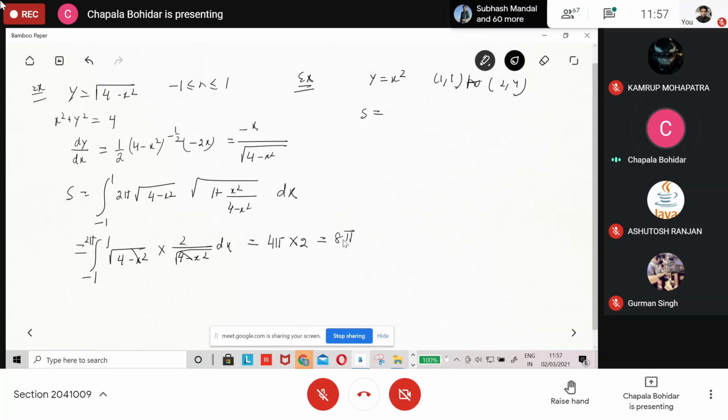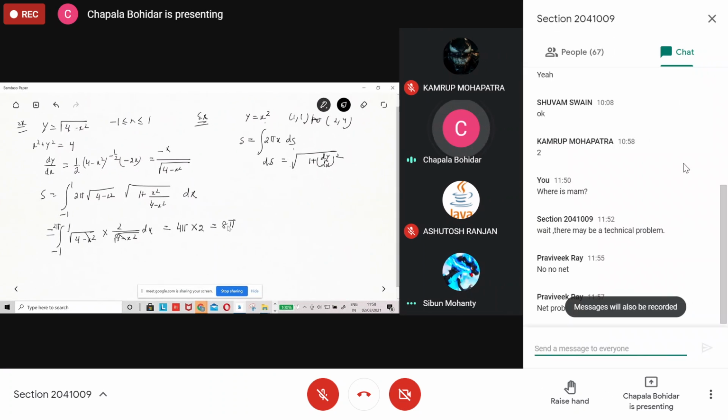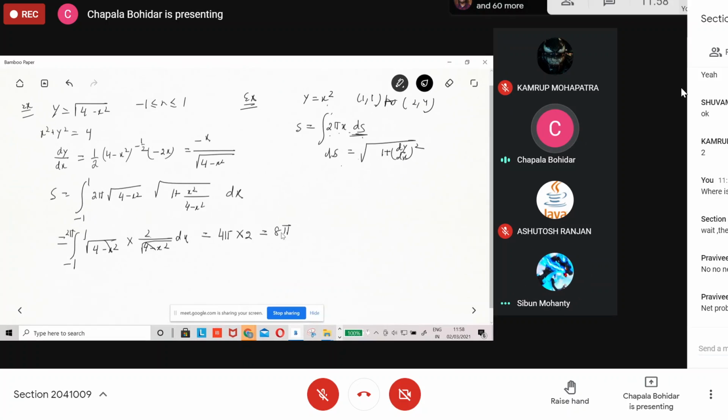S is equal to integration 2 pi x ds. Okay, here we have to find out the ds. Though it is written as y is equal to x square, I can write ds is equal to root over of 1 plus dy by dx square, and we put the limiting value. First we have to write that S is equal to integration of 2 pi x ds.